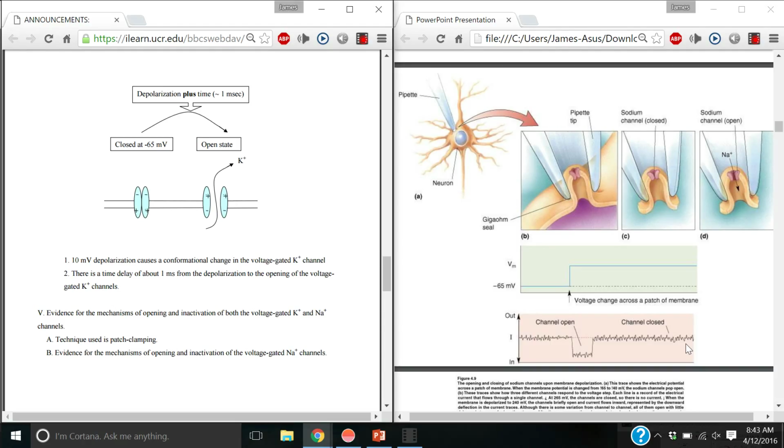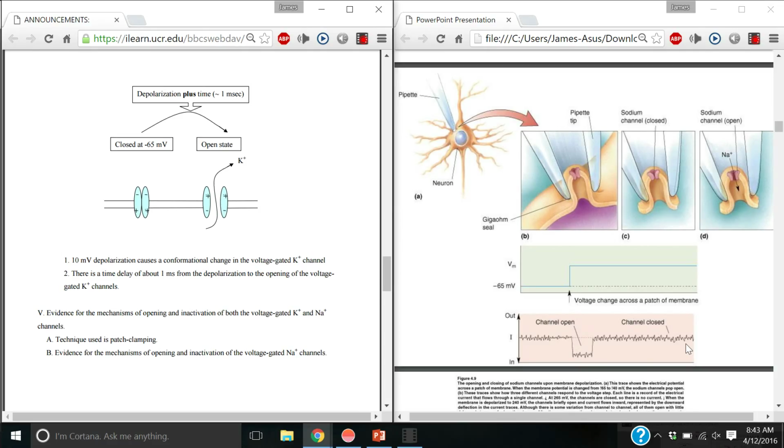So here you have patch clamp sodium channels, multiple channels, 1, 2, 3 channels. Here you have a maintained depolarization. Okay, so you start the depolarization here, open channel, open channel, open channel, almost instantaneously, typically microseconds, until the channel opens.